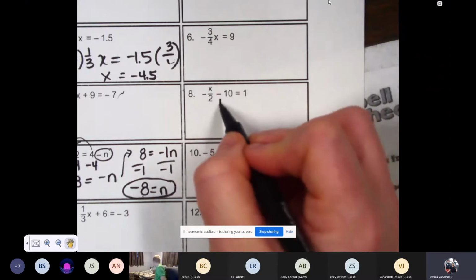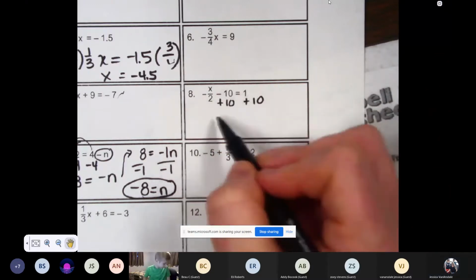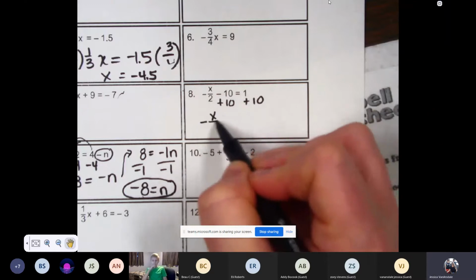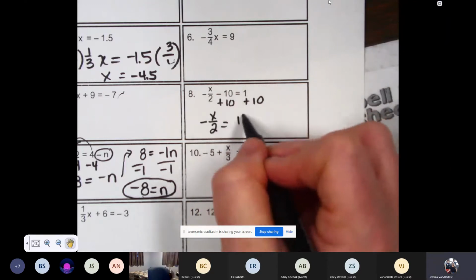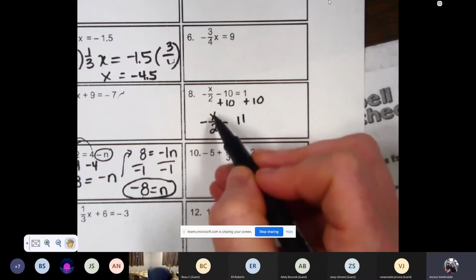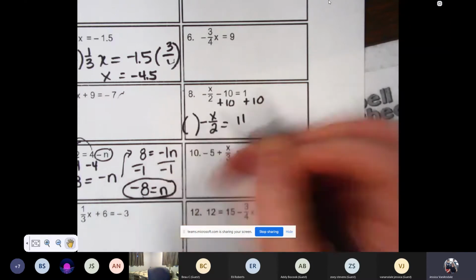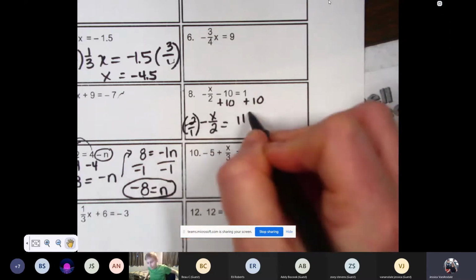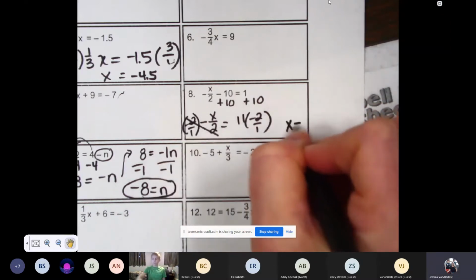So we're going to add 10 to both sides, like that. That's going to leave us with negative x over 2 equals 11. Now, if you have negative x over 2, to get x by itself, you multiply by the reciprocal, which is negative 2 over 1. All this cancels, and you're left with x equals negative 22.